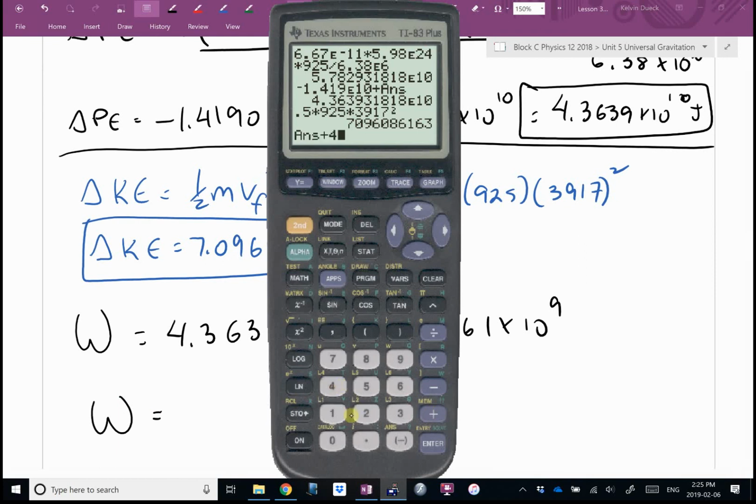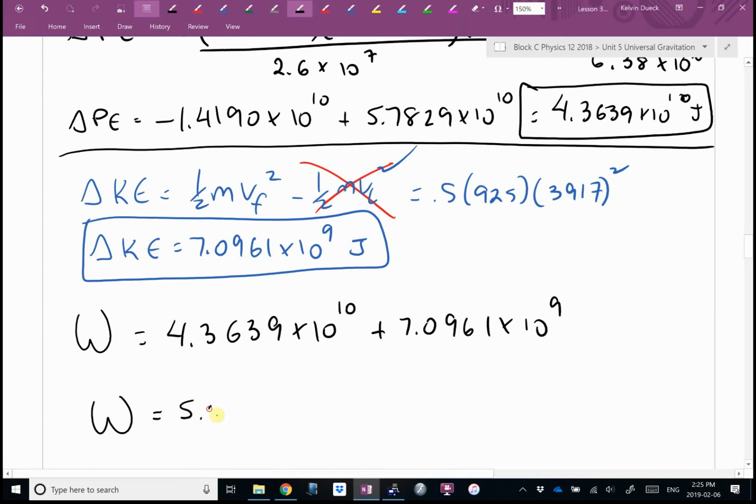Plus 4.3639 times 10 to the 10th, and I use my answer button for the change in kinetic. And I get 5.07 times 10 to the 10th joules. Final answer.